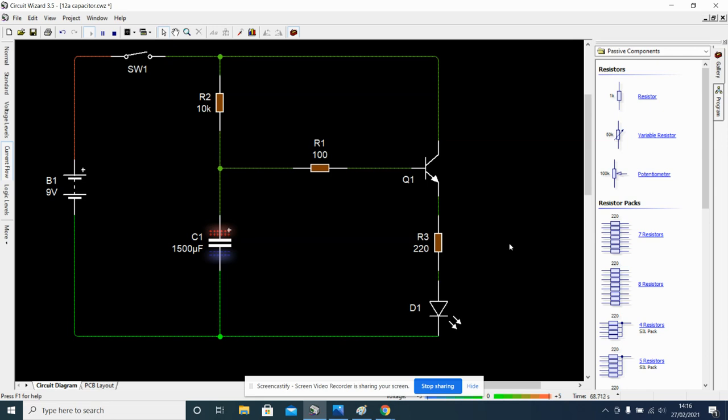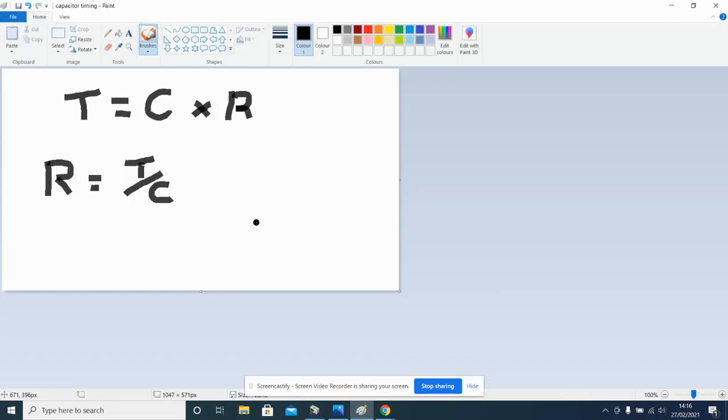Now, we can also change the timing of our output for our circuit by changing the value of our resistor. With this calculation here, the timing is equal to the capacitance times the resistance.